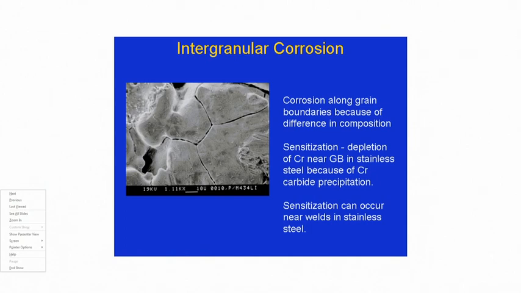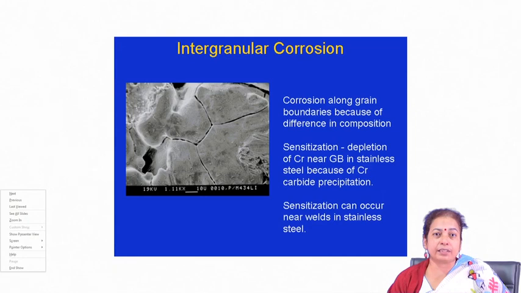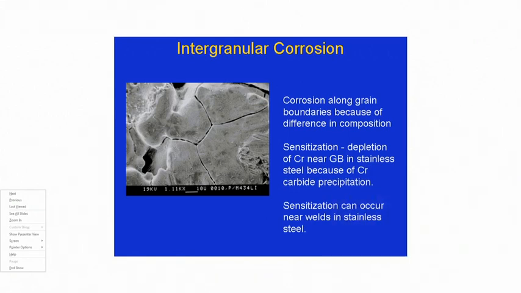In alloys also it consists of grains and grain boundaries, and different other phases might be there in the microstructure. Grain boundaries have a little higher energy than grains. So, usually the corrosion or attack rate of grain boundaries is much higher than that of the grains.